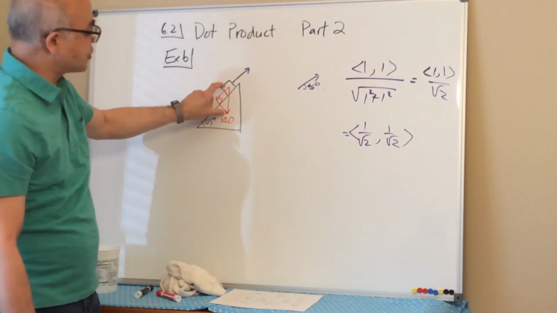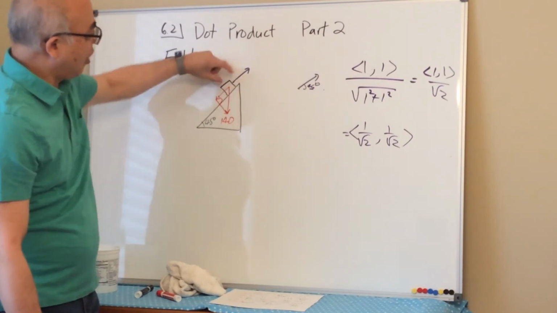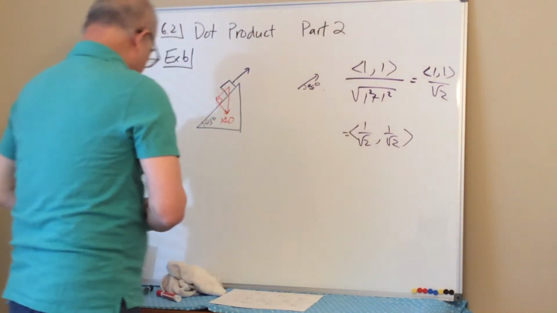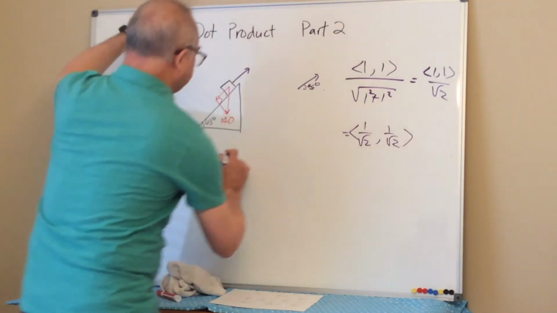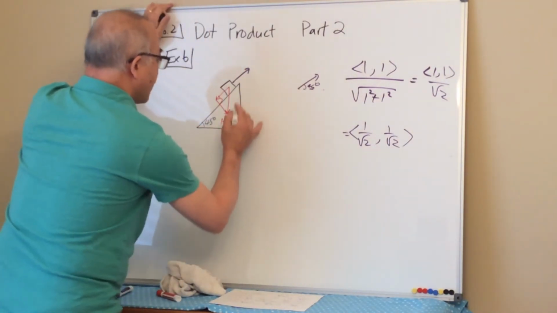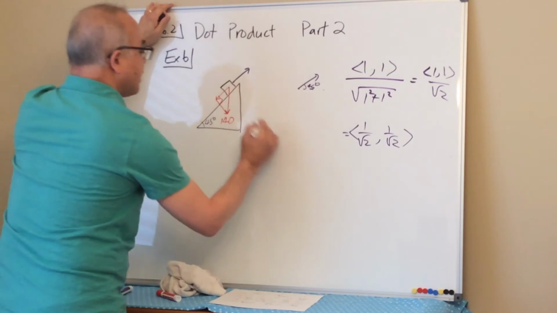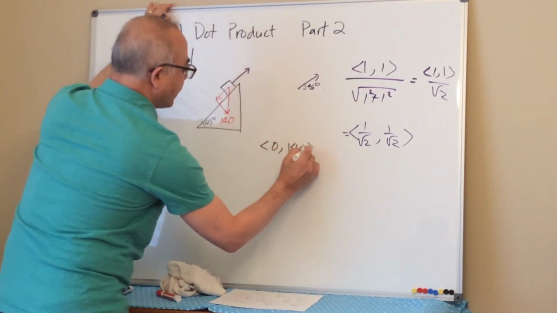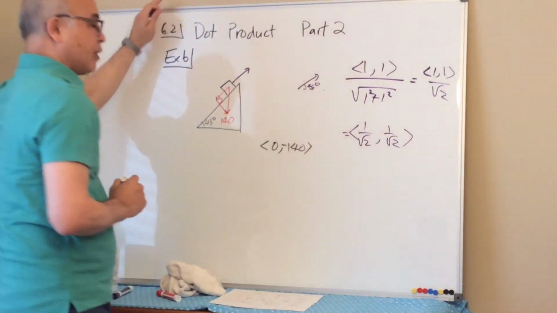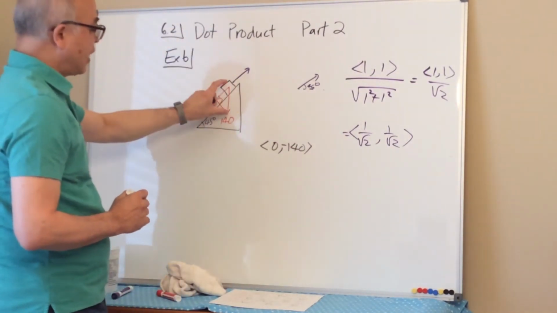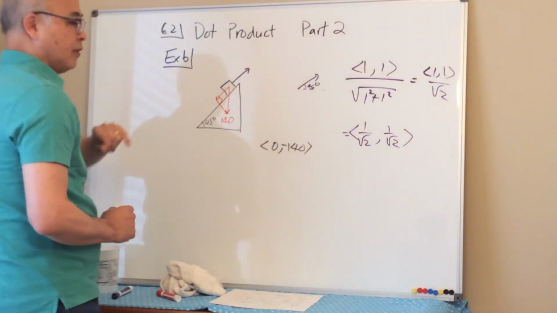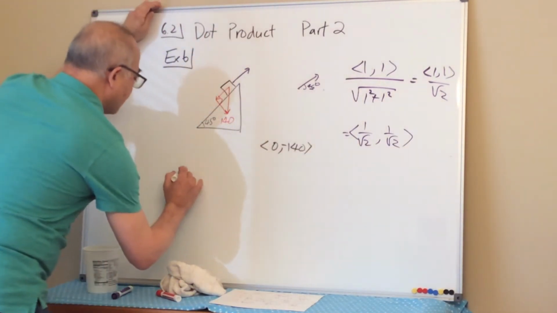Now I'm going to go ahead and project this vector onto that vector. Okay? So if I do that, I get what? I am projecting this guy, which is 0 and 140, actually negative 140, right, which is going down this way. I'm projecting this vector onto this vector. So I'm going to get what?